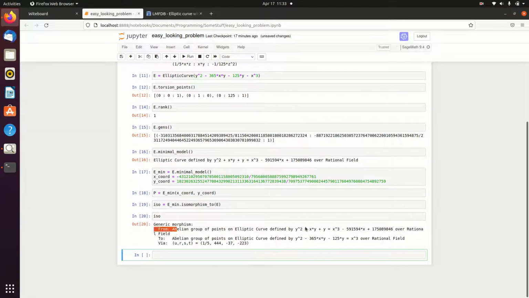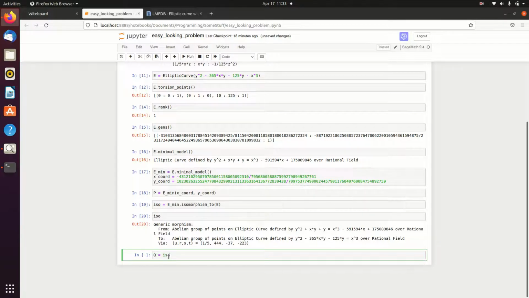So this is an isomorphism from this elliptic curve to the one given by this equation. And here we get some more info about the transformation, so you might want to look up what it means, but we don't need it here. So that's fine.